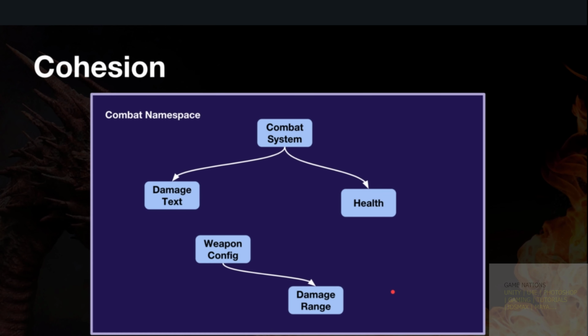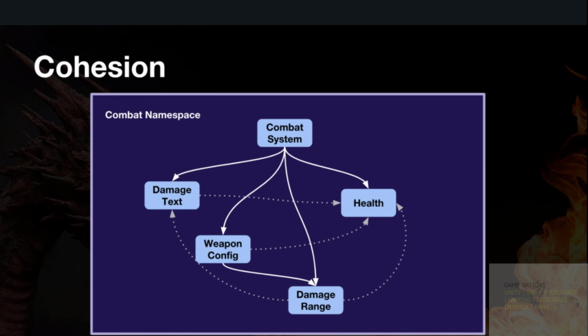Now, in reality, this namespace is more like this, where the combat system does rely on weapon config and damage range. And this is more cohesive now, because everything relates to something else in the namespace, and you can't pull any of this out. It's not completely cohesive. It's not as cohesive as it could be. If I added in more dependencies, this would be a really cohesive namespace.